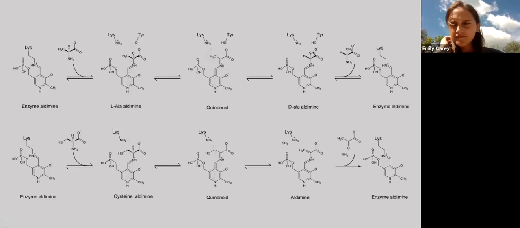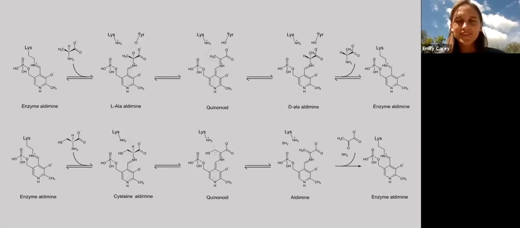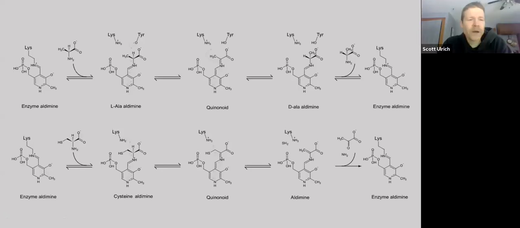So this is a little bit different than PLP being used as a transamination catalyst. The one thing that is true, common between what you're showing and what it does in the transamination, is that the PLP makes an imine with an incoming nitrogen.